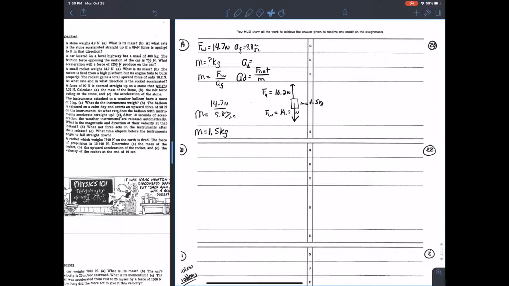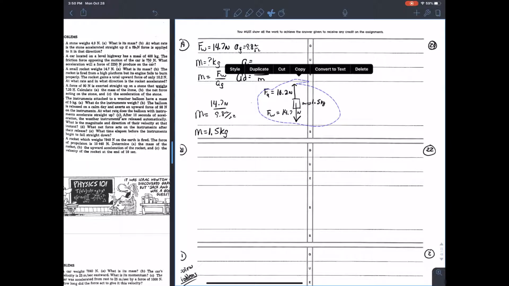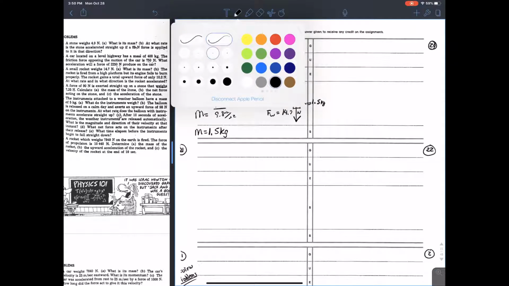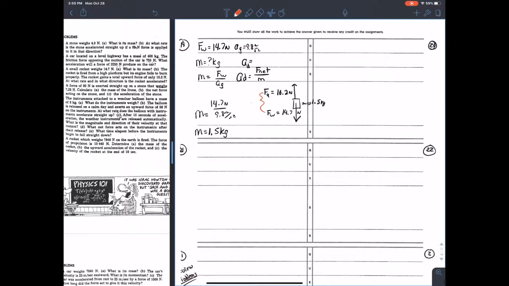We need to know what the applied force minus the weight of this object. We need the net force. So we need to know the net force acting on this thing. That's going to be the sum of the up and down forces acting on it.